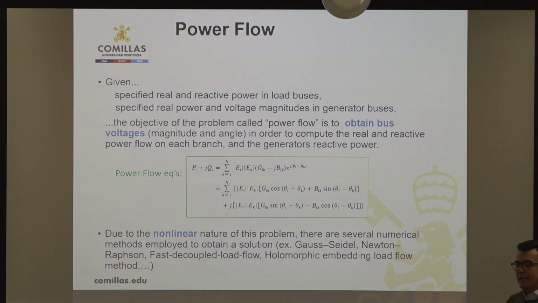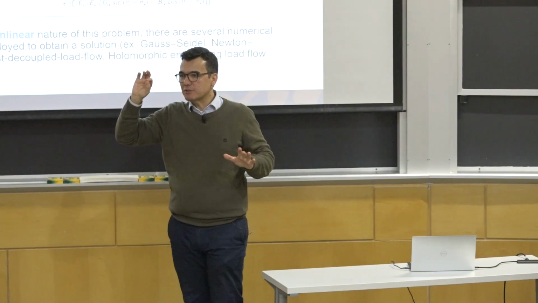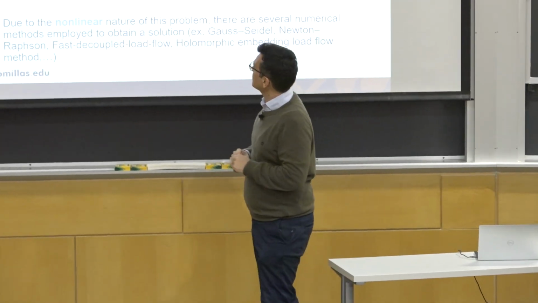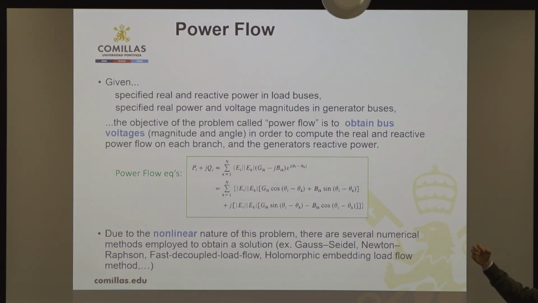So imagine that you know all these magnitudes. So you know how much power, both real and reactive power, is being consumed in the load buses. Imagine also that you know the power and voltage magnitude in the generation buses.